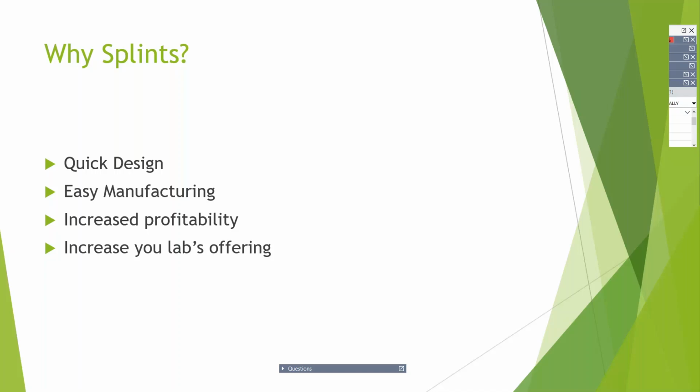It was not very intuitive, and difficult to use and stumble through. You're going to see today that the new Splint Studio is very efficient. 3Shape scrapped the old software and totally redesigned it. It's much more intuitive and easier to get from point A to point B with 20 clicks, if you will.